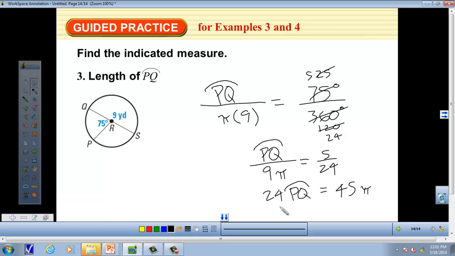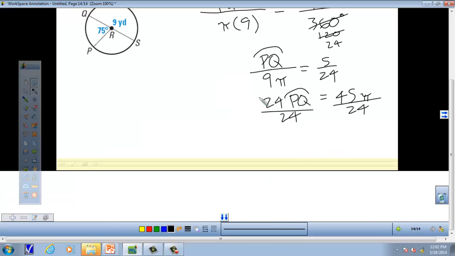I'm going to divide both sides by 24. And I think that is simplifiable, but at this point we probably don't need to. I think if we divided this by 3, we get 15, and this by 3, we'd get 8. So we end up with 15 pi over 8.